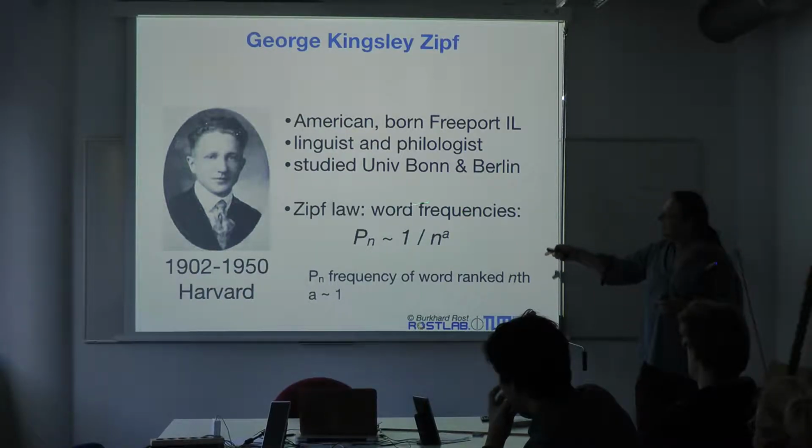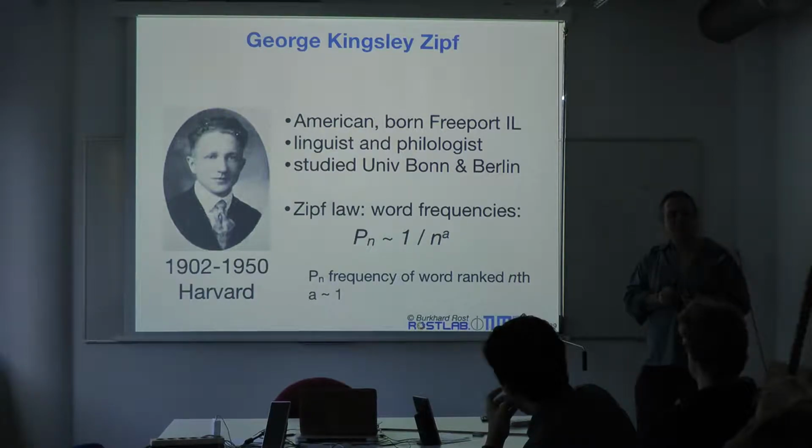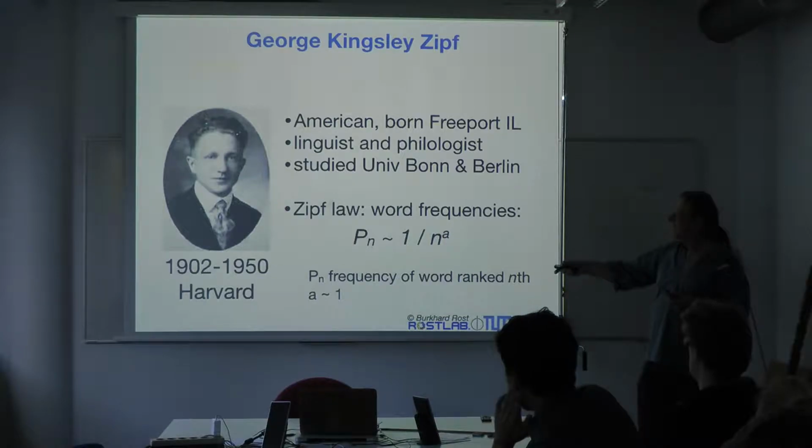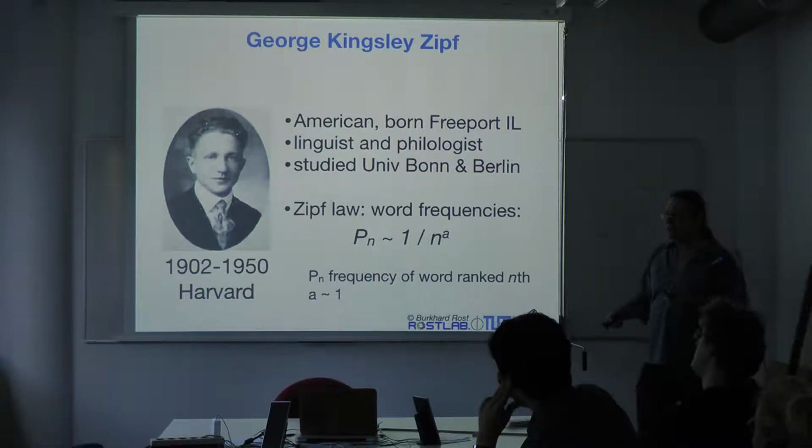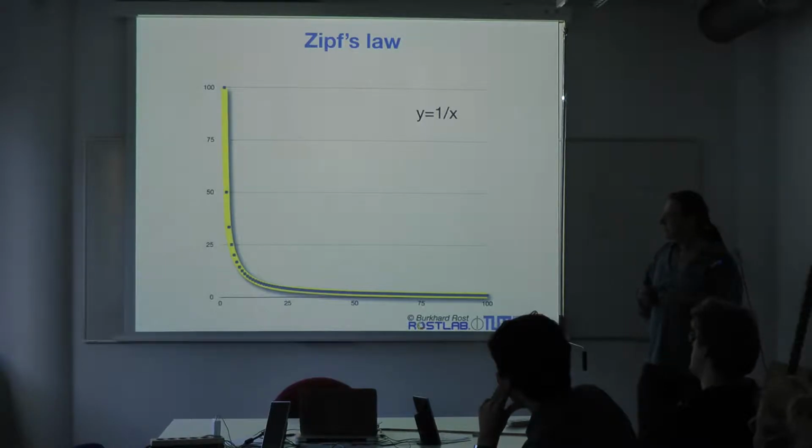And even in the English language alone, when you look at the word frequency, this is the frequency of the word that is ranked n. So n equals 1 is the top ranked, and the 10th top ranked word is essentially 1 over n to the power a. A is essentially 1. So 1 over 10, 1 over 1, right? That's the function. The function looks like this in principle.